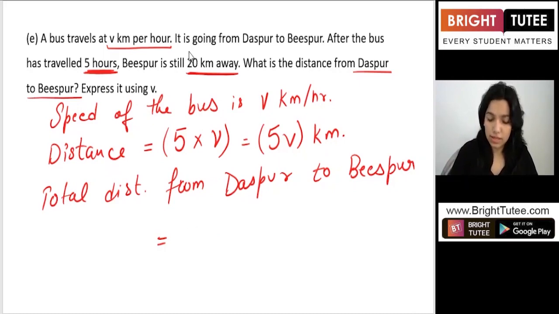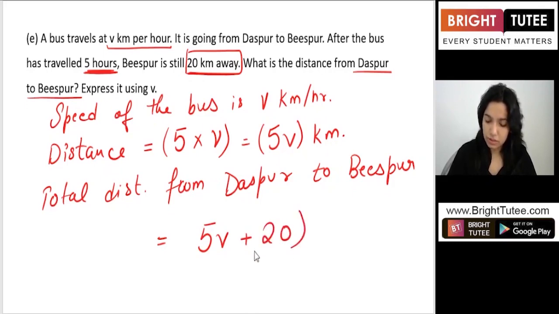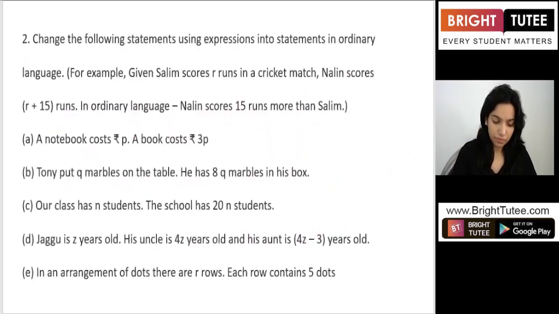So this distance that is still to be traveled is 20 kilometers, right? So now because the bus has already traveled for 5V kilometers, to this we will add 20 more to it, and this is the total distance in kilometers, that is from Daspur to Bispur.